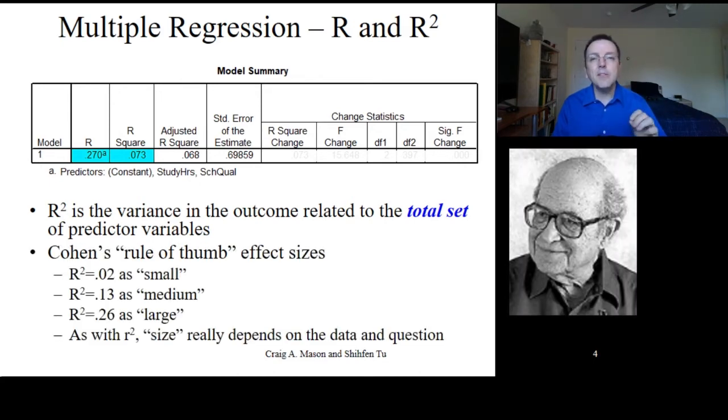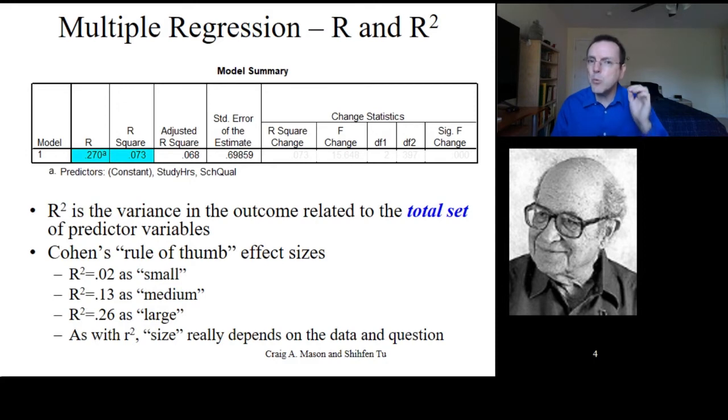And thinking of Cohen's small, medium, and large effects, his rule of thumb for R squared is that a 0.02 reflects a small effect, a 0.13, or an R squared of 0.13, accounting for 13% of the outcome variance, is a medium effect, and an R squared of 0.26, or our predictor set of variables accounts for 26% of the variance, is a large effect.